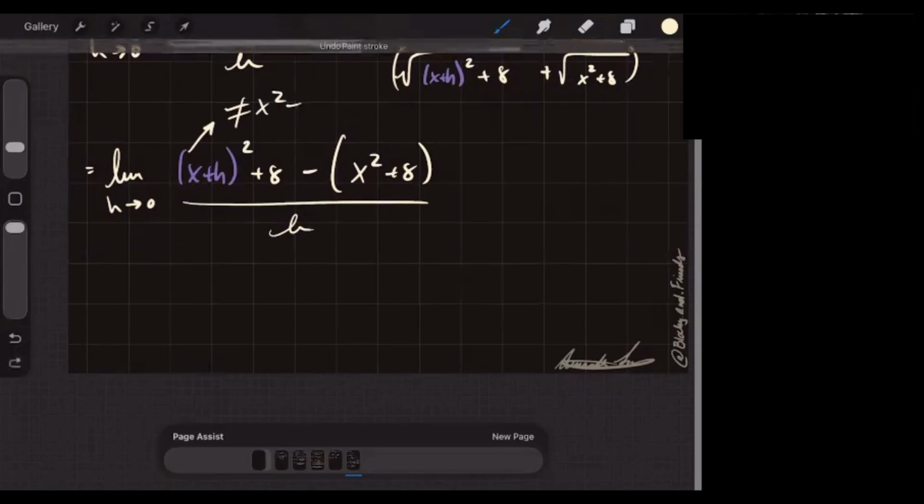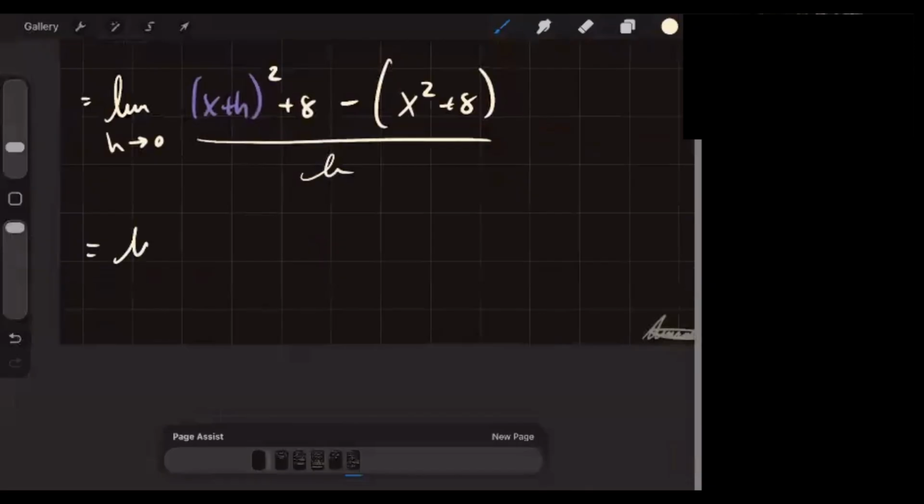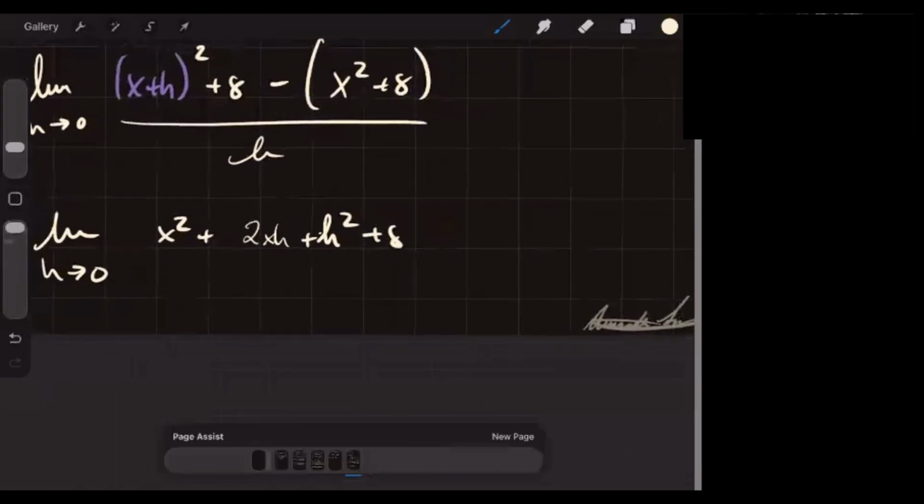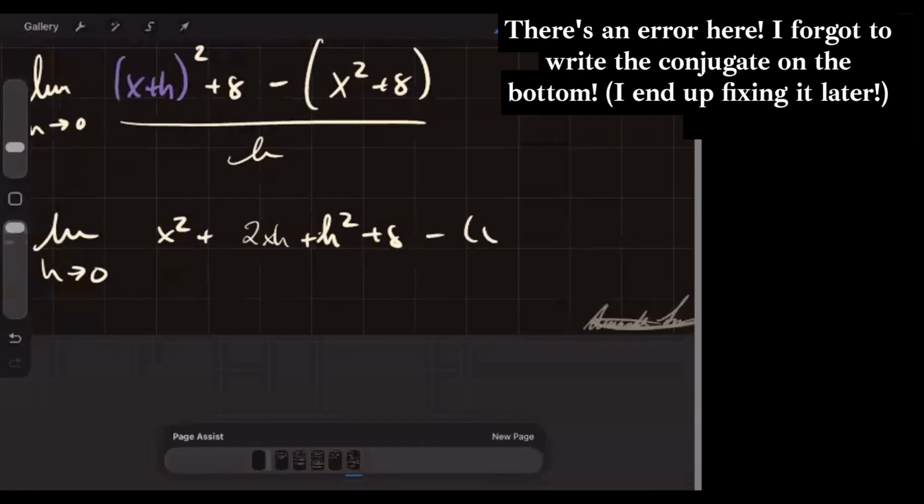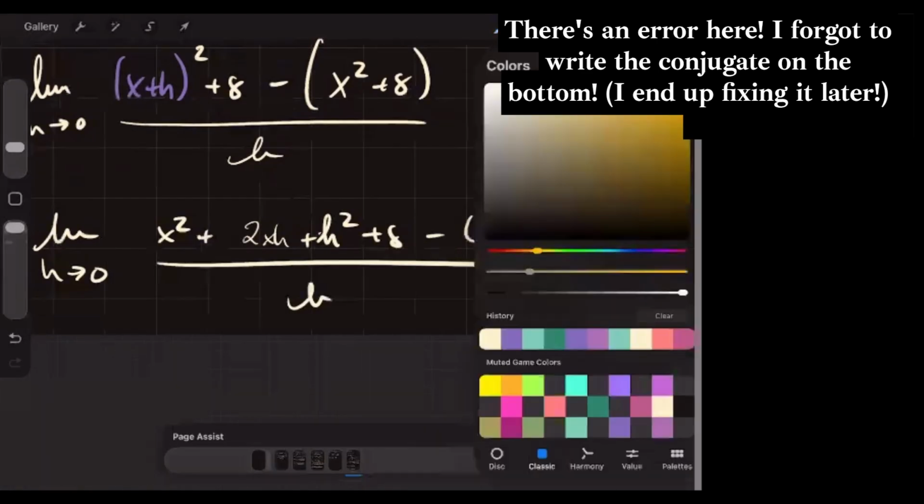Because if you do that, you're going to get 0 over 0 or limit equals 0, and you're going to be very confused. Okay? What this should give you is the limit as h approaches 0 of x squared plus 2xh plus h squared plus 8, and then minus (x squared plus 8), all over h, right?